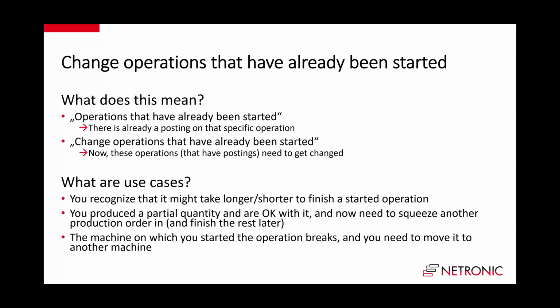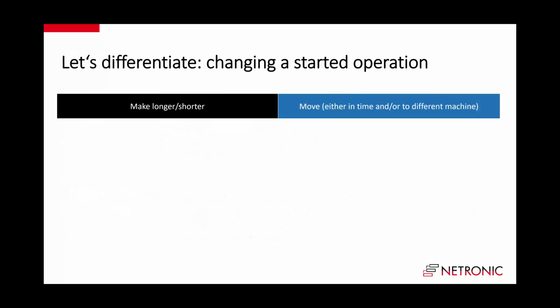And if we break them down now, depending on what use case this is, this might have a different implication on how to handle and support these cases in a visual scheduler. So let's look a little bit deeper into what it means to change a started operation. So first of all, we have the need to make it longer or shorter.